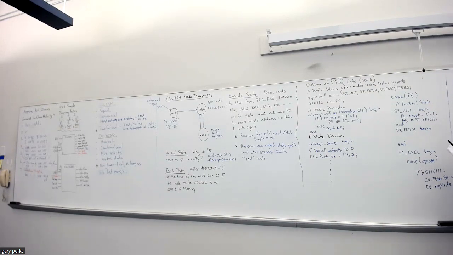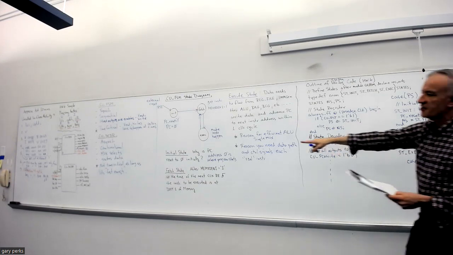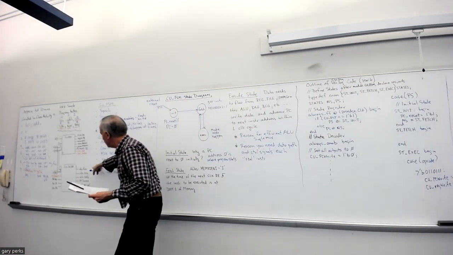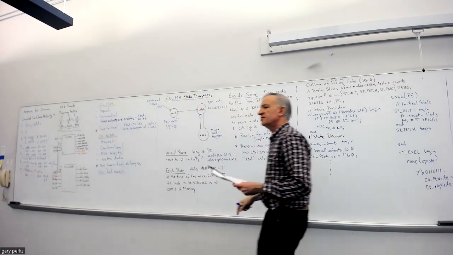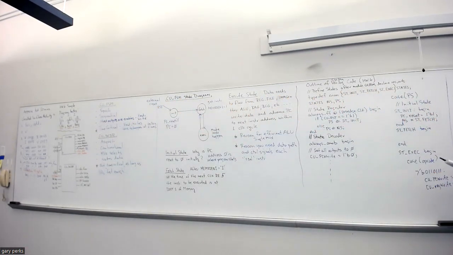But then right here, always underscore comb. And then just like we did with the decoder part of the FSM, I would initialize all your outputs to 0. So now you're going to initialize all these 5 outputs to 0.